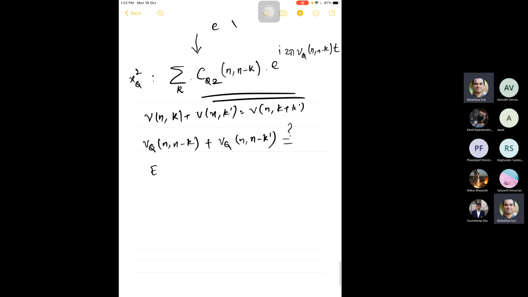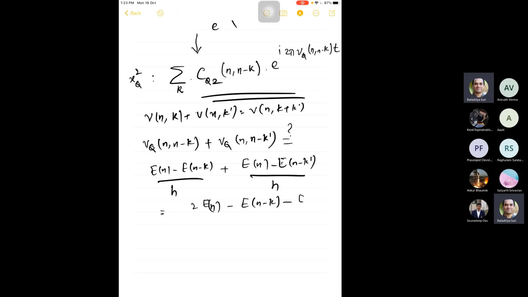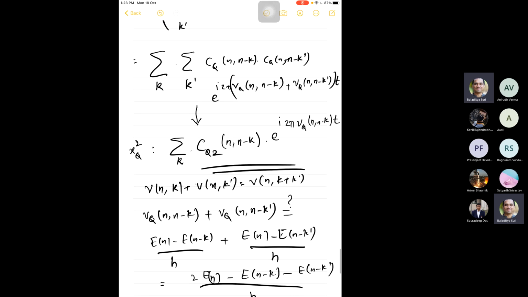It's very easy to verify. It is E_n minus E_(n-k) by h plus E_(n-k) minus E_(n-k') by h. This is some very meaningless expression, right? So you have to be careful. What I'm trying to get at is the relabeling has to be done carefully in the quantum case so that you ultimately get an expression like this.